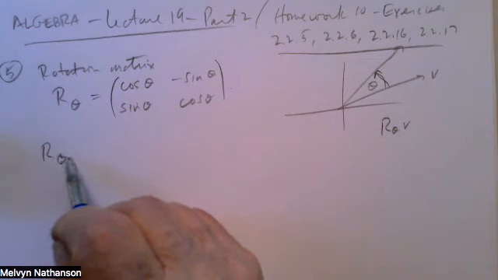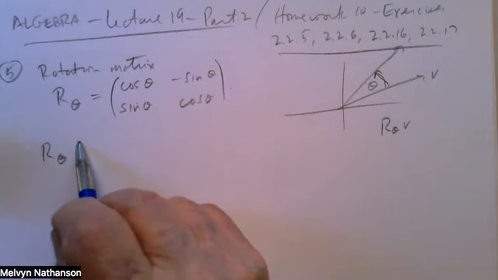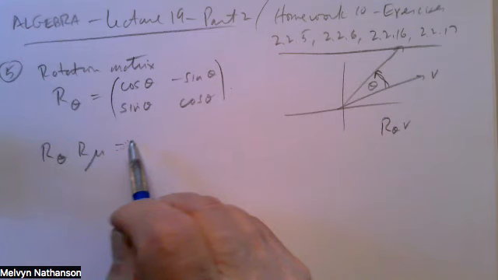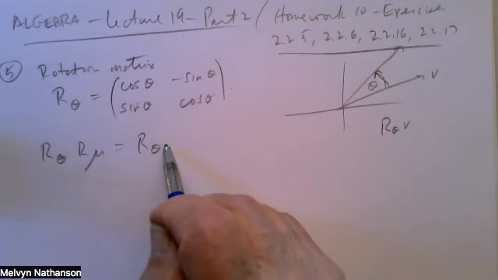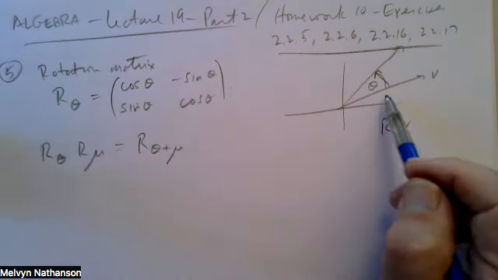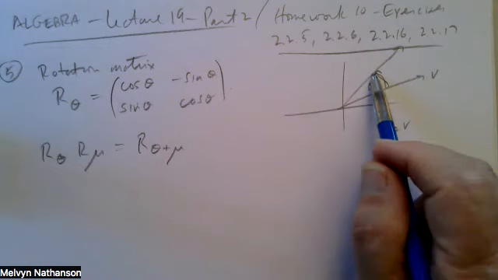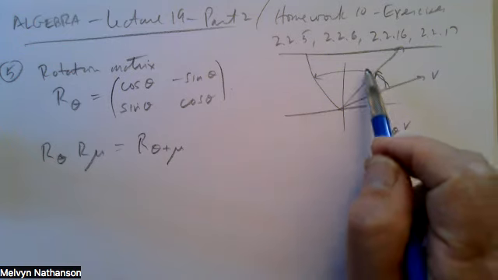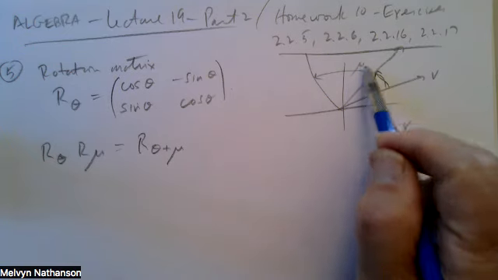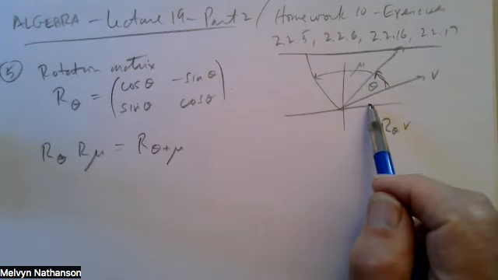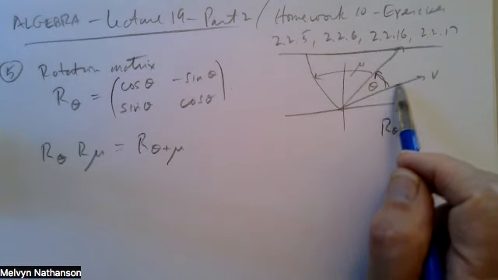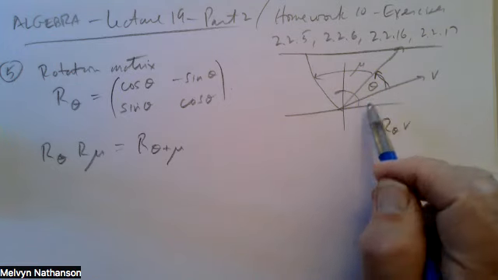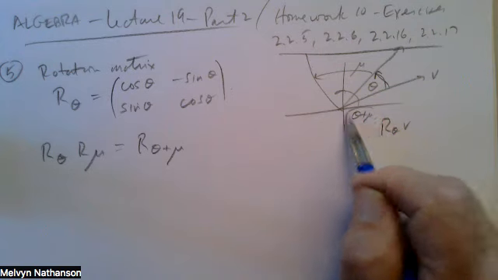If you take two rotations, rotation by an angle theta and rotation by an angle mu, that's the same as rotating by an angle theta plus mu. Because when you put them together, you've rotated this vector a total of theta plus mu.